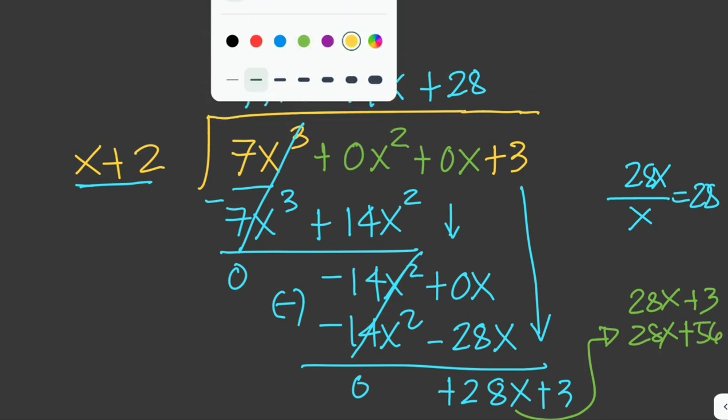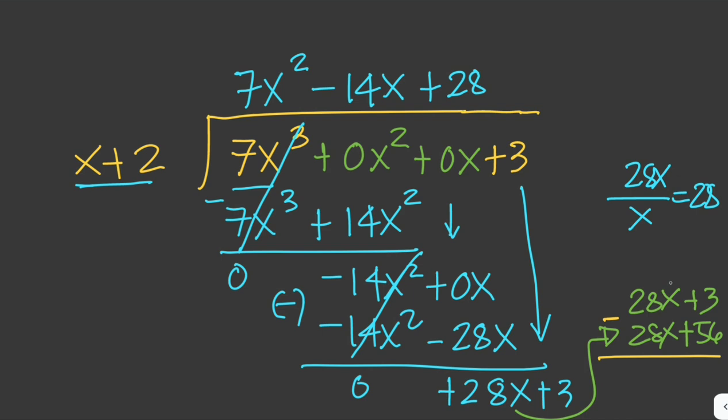And then we subtract. This is 0, and then 3 minus 56 is negative 53.